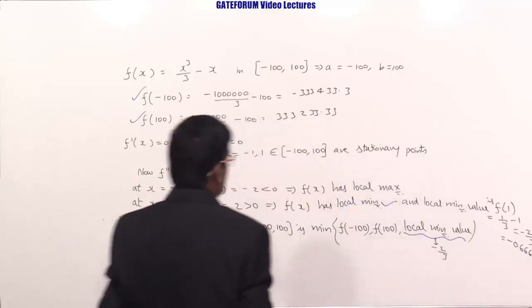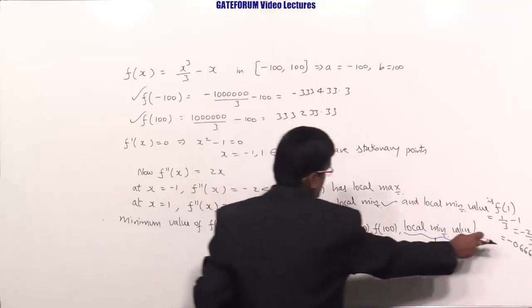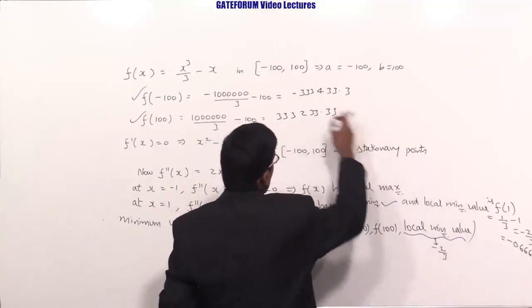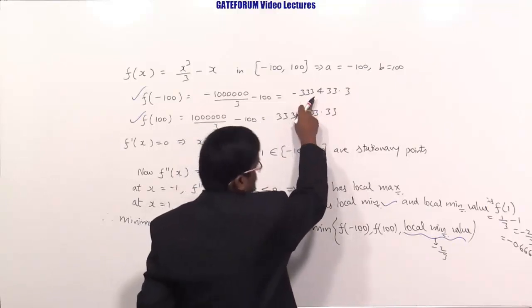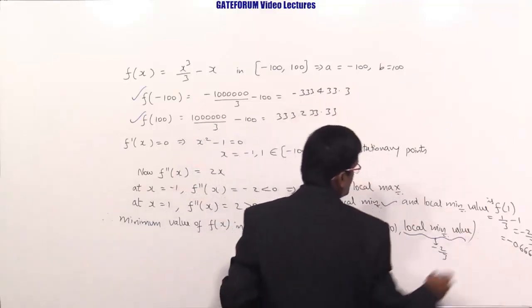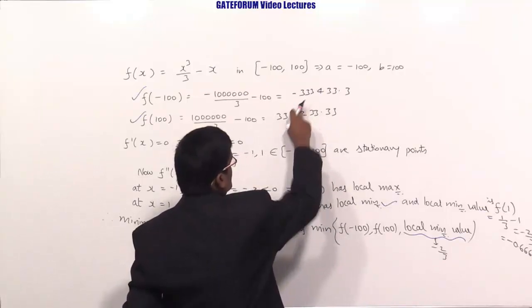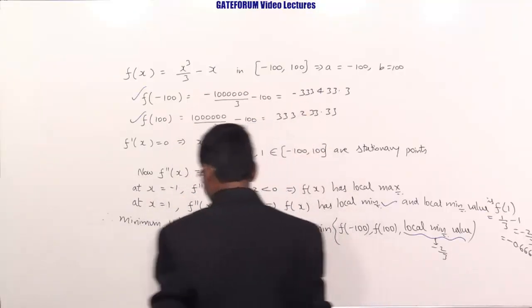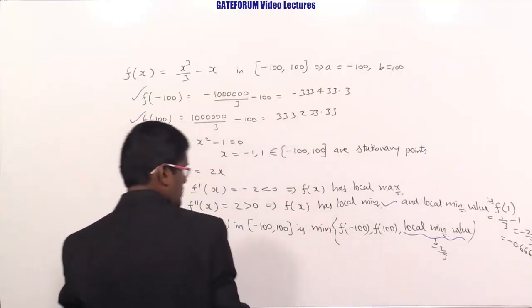So which of these is minimum? A positive quantity is greater than negative quantities. In negative quantities, a bigger number becomes a smaller number. Okay, so here minus 0.667 is greater than minus 333,433.3.